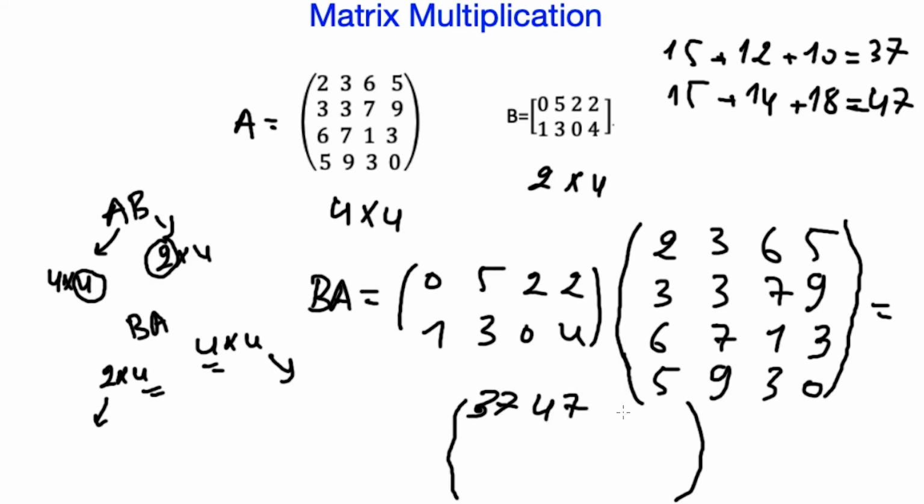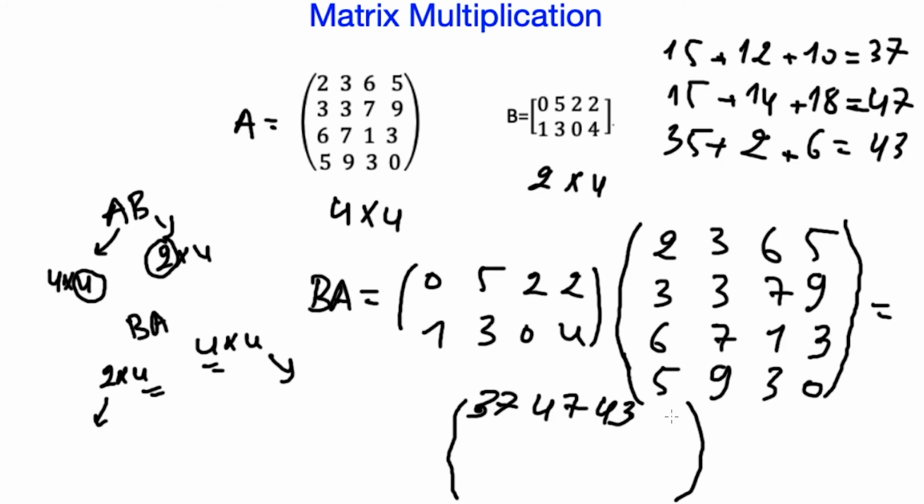And to get this entry here, we multiply this row by this column, so it is 0 times 6 is 0, 5 times 7 is 35, 2 times 1 is 2, 2 times 3 is 6, so this equals 43.